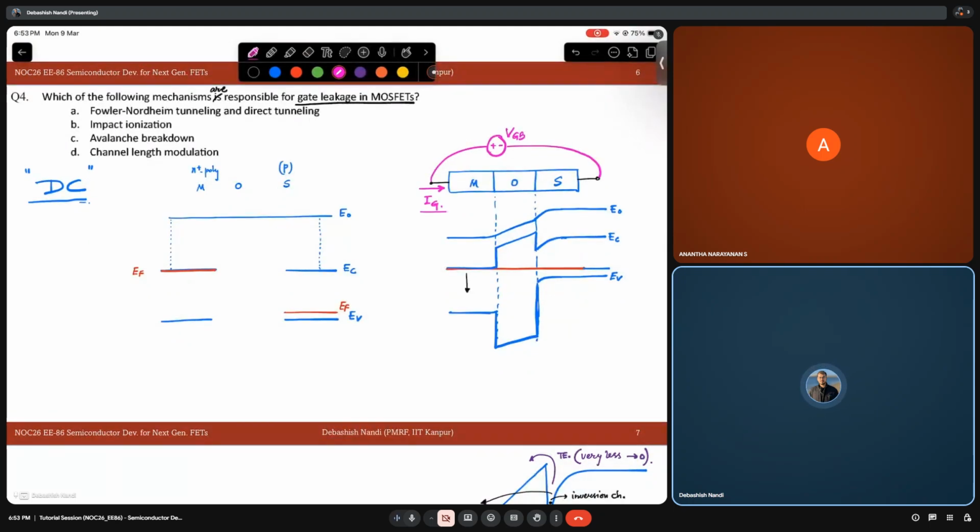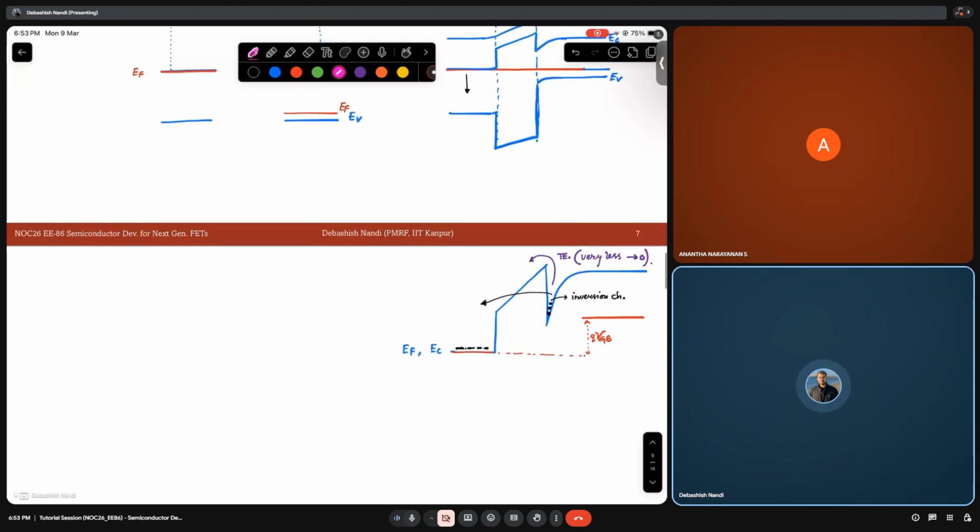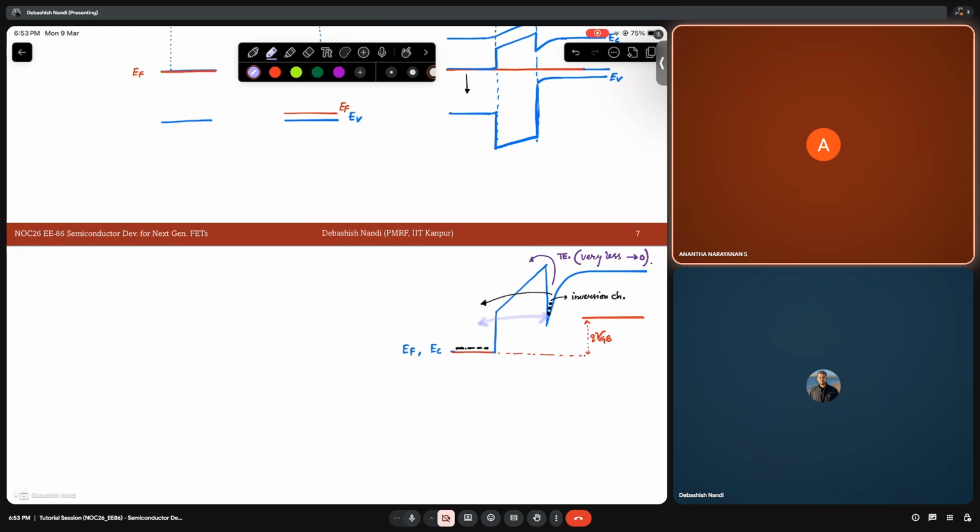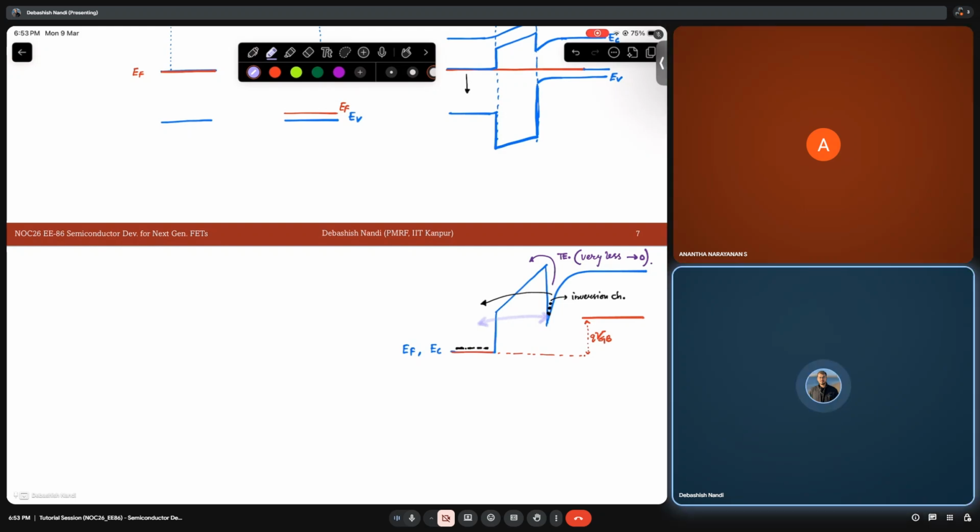For the gate current to flow, I need to have a closed path, right? Yes, sir. I need to have a closed path for current to flow in this system. That means I need somehow carrier movement across this region. That means somehow I need my electrons to come from this side to this side.